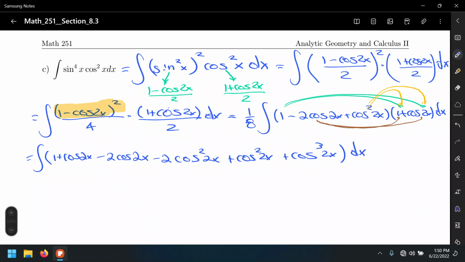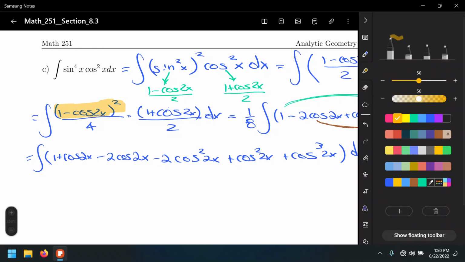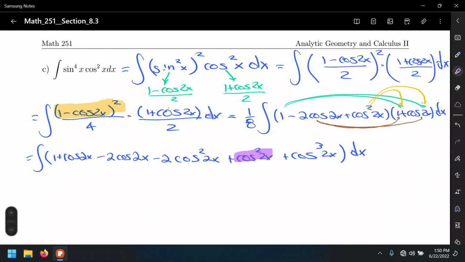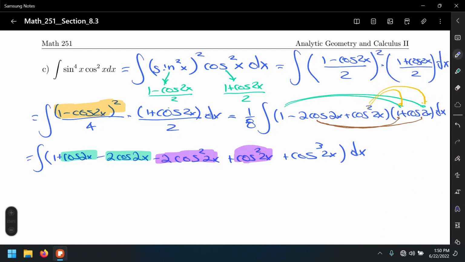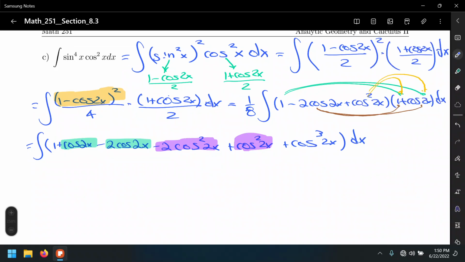Okay, so let's see if we have any like terms. Let's highlight all the like terms first, and I would like to highlight the squared ones. That's one right here, and that's another one right here. Do we have any other like terms? The cosines, the first powers: cosine 2x minus 2 cosine 2x. Let's reduce those, and then we may start integrating.